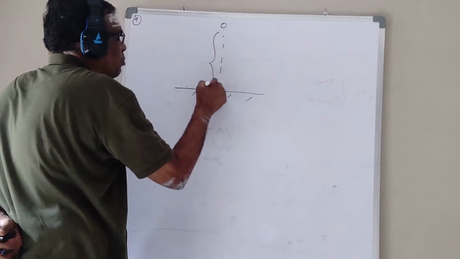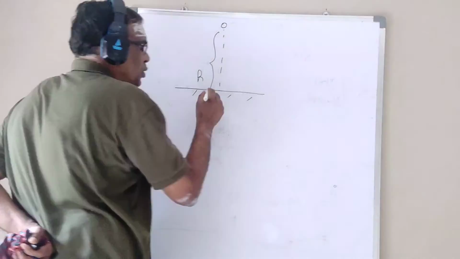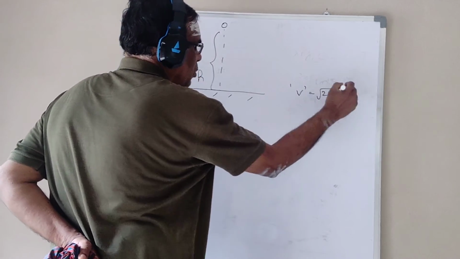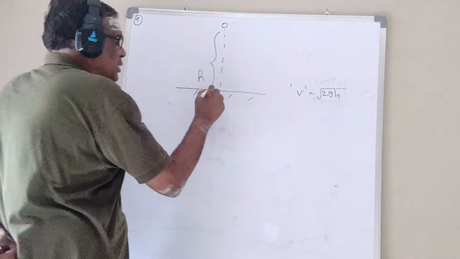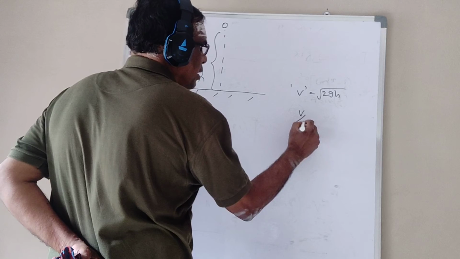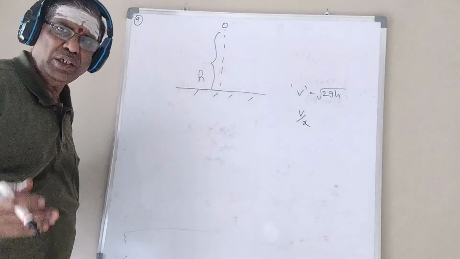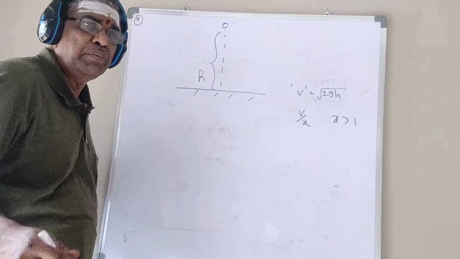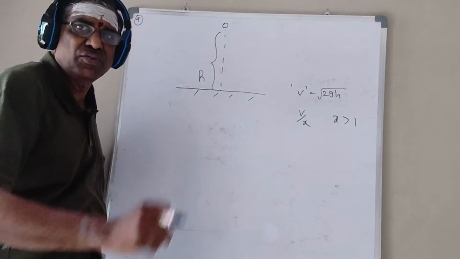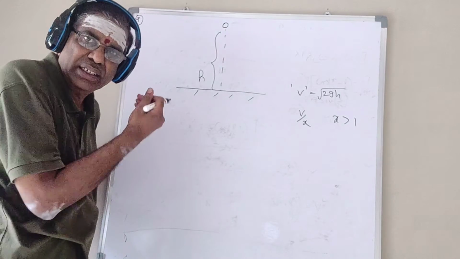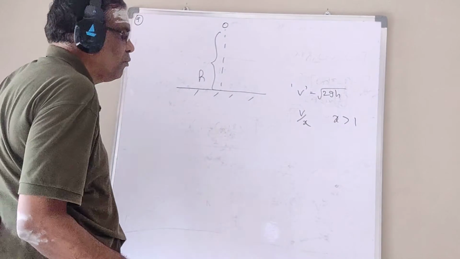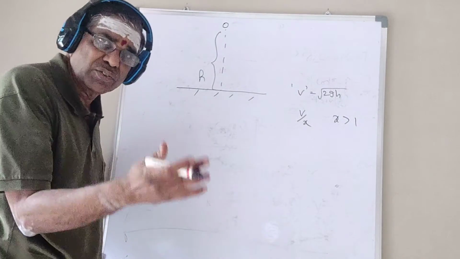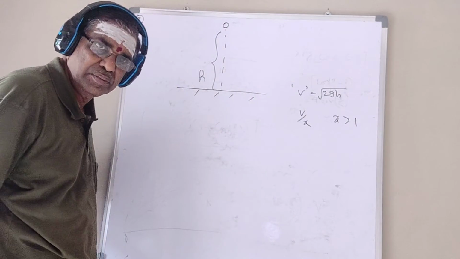Suppose height is h. It should have struck with v, which is equal to under root gh. But it strikes with only, say, v by x, v by 2, v by 3, v by 4, x is greater than 1, because of the resistance offered by the fluid, that is atmosphere. What is the work done by the viscous force due to air?